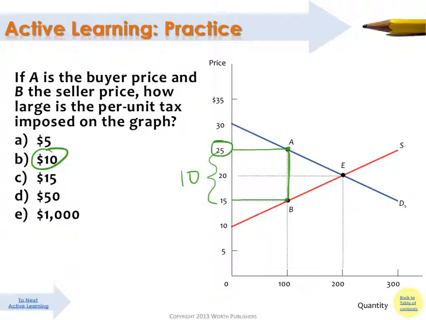If the sellers are the ones being taxed, the sellers receive $25 that the buyers are willing to pay, but they've got to send $10 back to the government for a grand total of $15. So no matter what happens, the buyers will pay $25 here and the sellers will receive $15, exactly vertically distinct by $10, or the size of the tax.